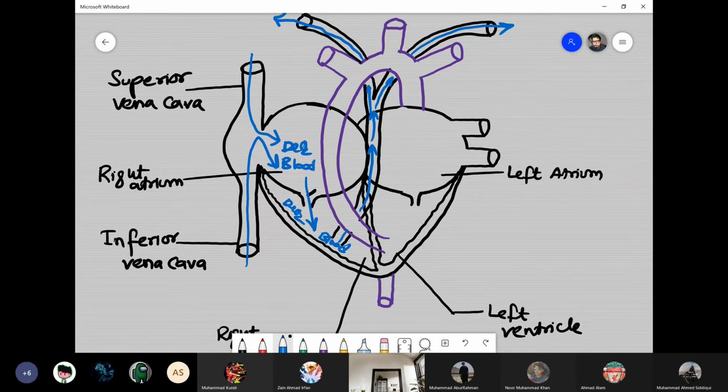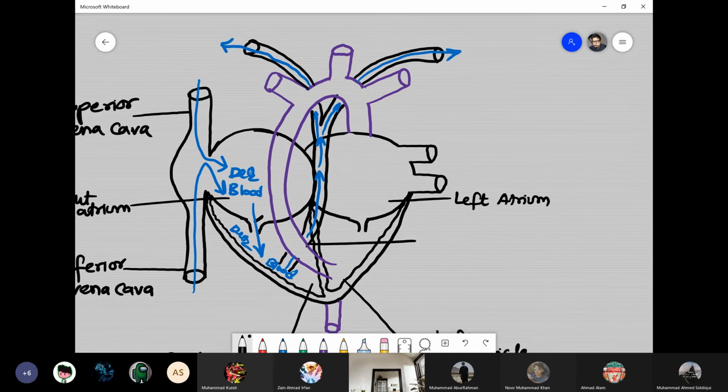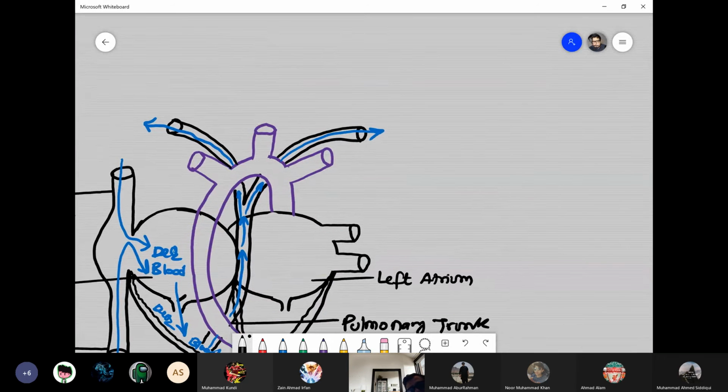Now this blood vessel is called the pulmonary trunk. When it goes up, it divides to form two blood vessels.